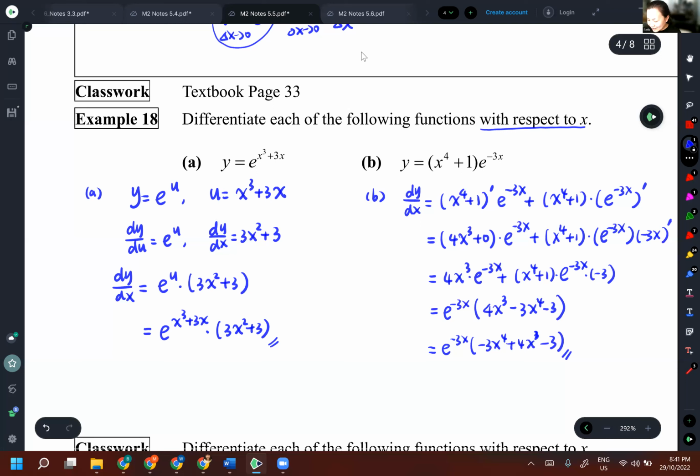I think correct. Part C. Chanhei? I got 2x plus x cubed over 5e to the power x. Not the same as mine though, but I will show you in no time.